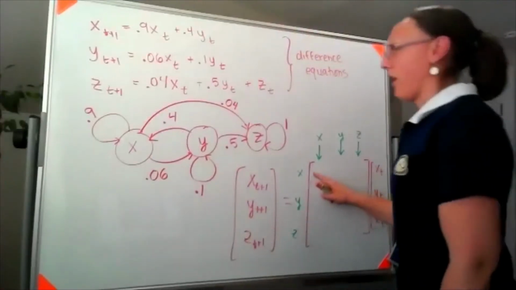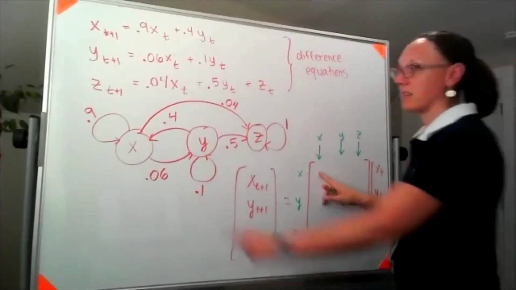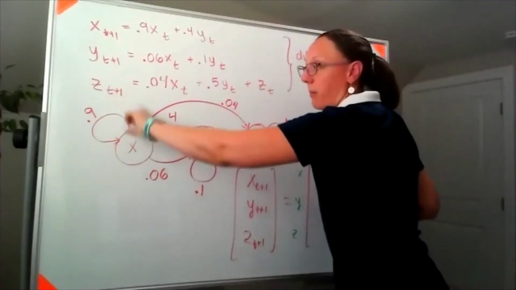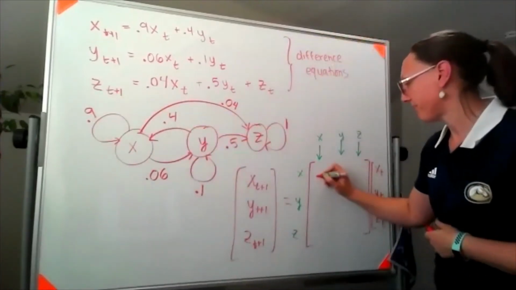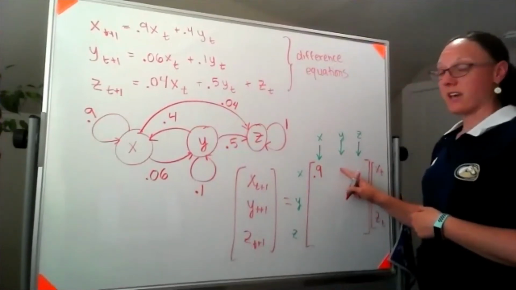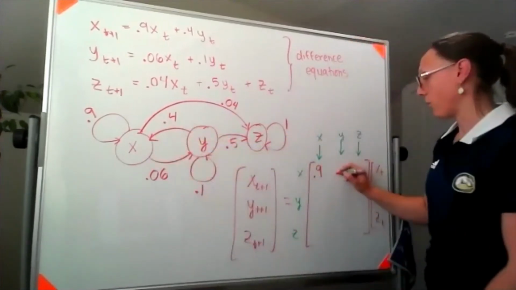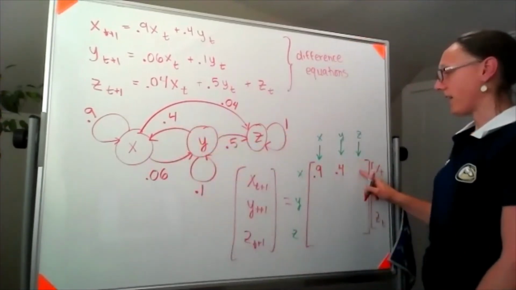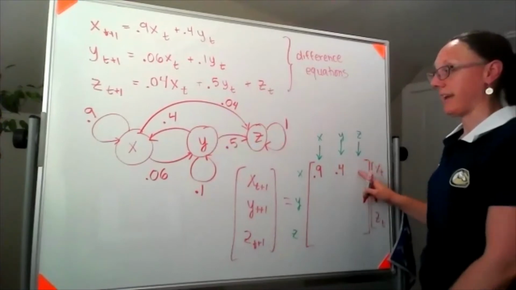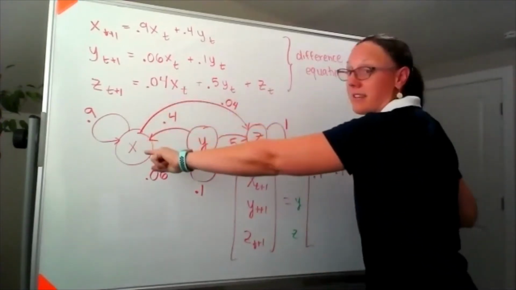So in my top row, I need to know what's going into x from x. So I've got 0.9 from x back into x. I need to know what's coming from y and going into x. So from y into x, I've got 0.4. And here I need what's coming from z and into x. And there are no arrows that are going from z into x.